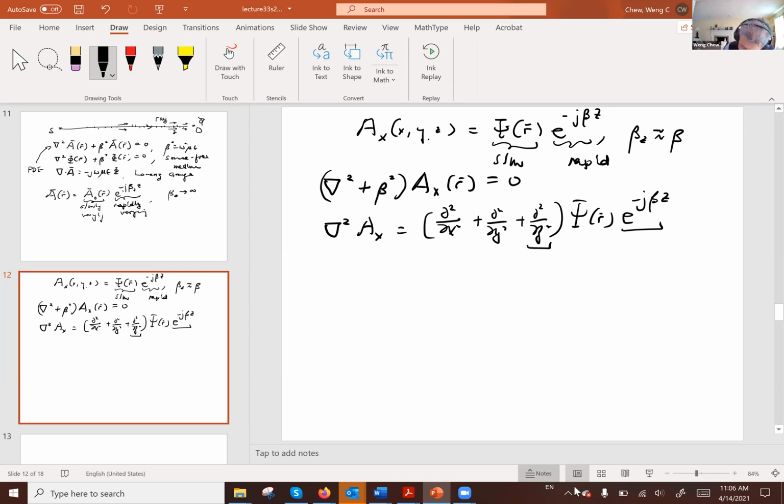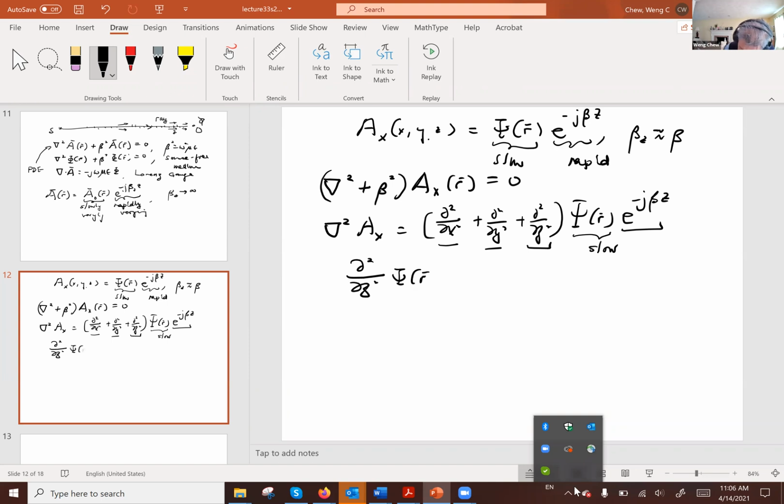The others are not that interesting because they're differentiating with respect to x and y, and this is going to be a slow function. Okay, so if I were to look at this rapidly varying part, which is changing with respect to z, then I will find that I have to observe this quantity more carefully.